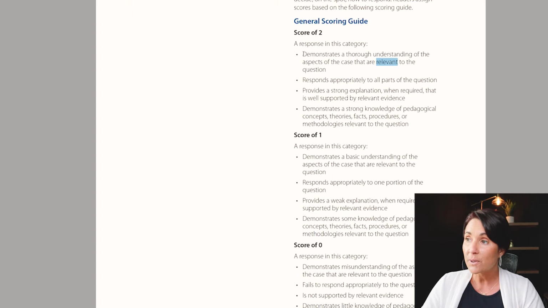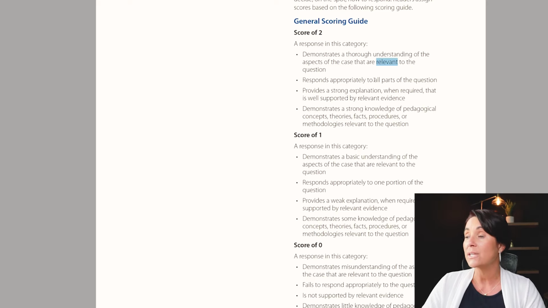Now, it's very important when you do a constructed response or any essay task that you take a look at the rubric of what they're looking for. So let's shoot for a 1 or a 2 and take a look at what they're looking for here. So the rubric for a score of a 2 says, demonstrates a thorough understanding and understands relevant aspects of the case and uses relevancy. This term relevant is very important.